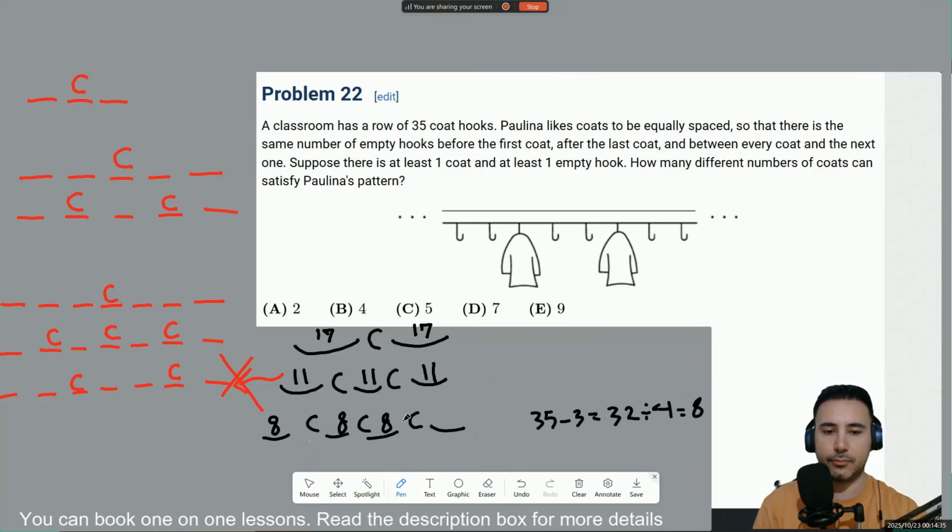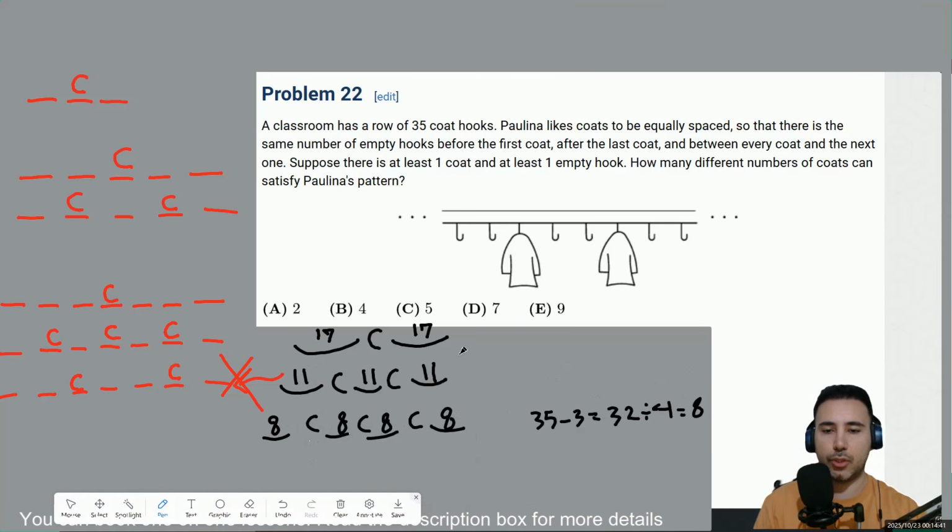Good. Now, can I have 4 codes? Then it's going to be 35 minus 4, 31. Can I divide 31 by 5? No. So not possible. Let's go with the 5 codes. 35 minus 5 codes, 30 are left.